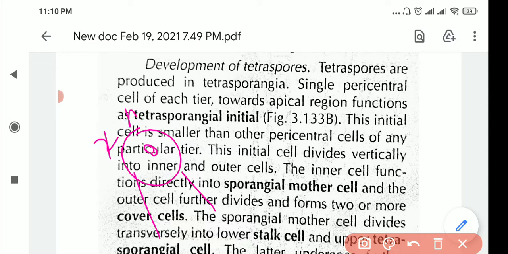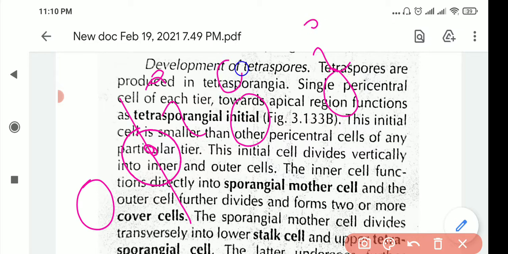Then it will divide this way into one initial cell, an inner cell and an outer cell, I and O. The inner cell will function directly as the sporangial mother cell. So this is the inner cell and this is the outer cell. This one will become your sporangial mother cell, and the outer cell, this O, will form the cover cells, CC.